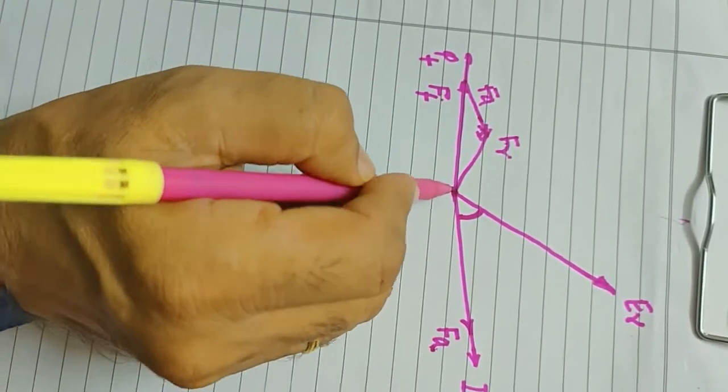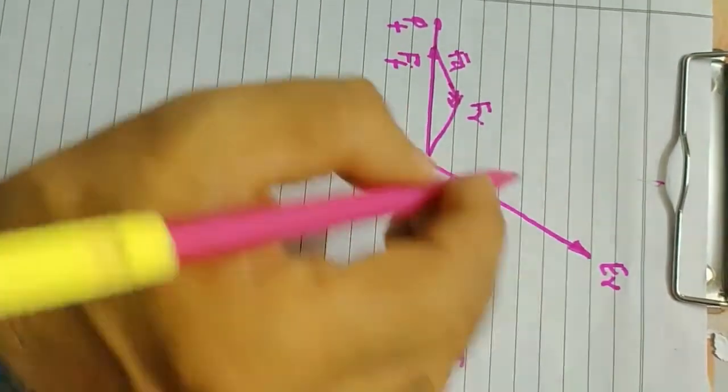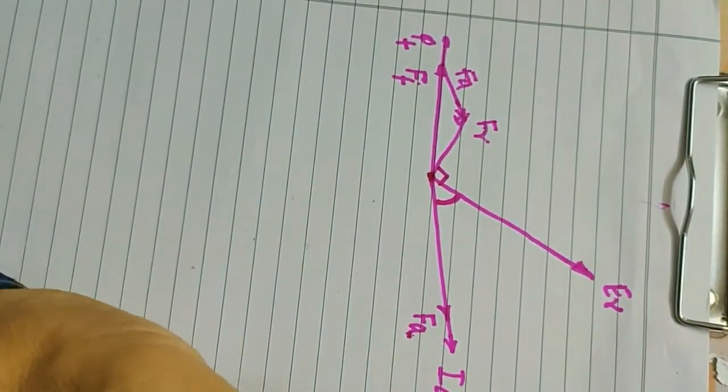This MMF induces the air gap EMF ER lagging FR by 90 degrees.